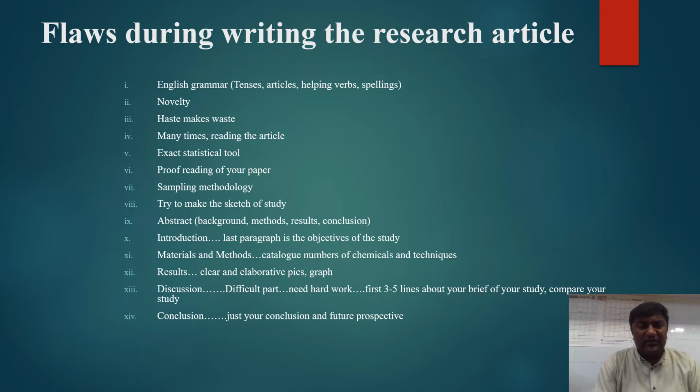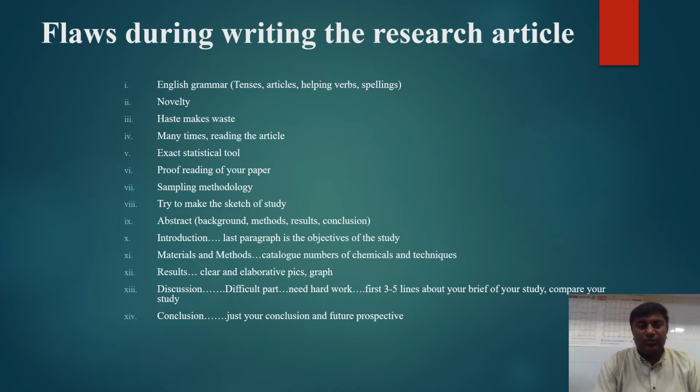The other thing is the exact statistical tool. It means that you have found good results, but you do not have command or good knowledge about the statistical tool. So it is important that you should read about which statistical tool will be applied to your findings.